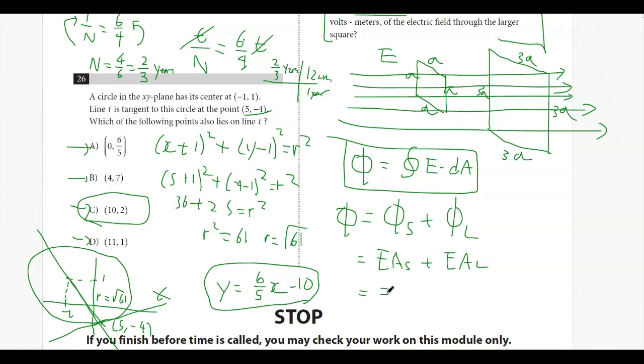A is area, so what's the area of the small square? It's E A squared. The large one is 3A, all of that squared. So this is equal to 10 A squared E.